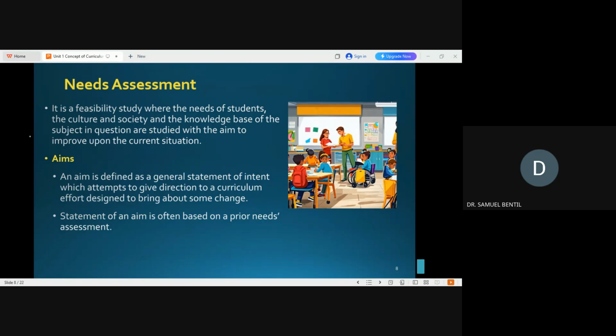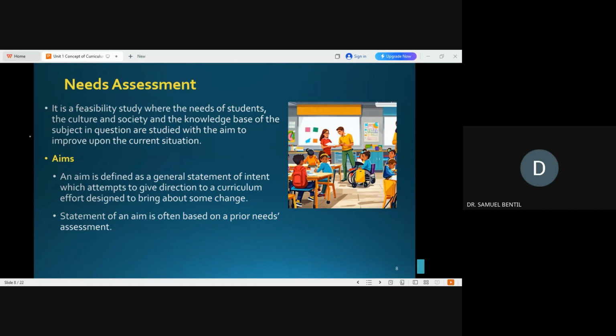Okay. So, what I was talking about was under purpose, which is also known as aims, goals, and objectives. I was saying that you cannot just stand up and write aims, goals, and objectives. You can only do that when you have done what we call a needs assessment.